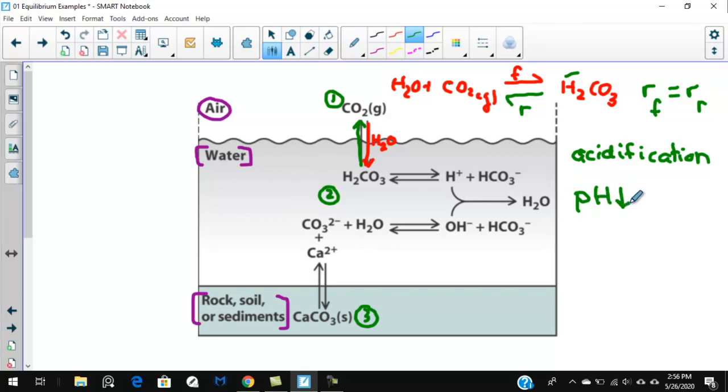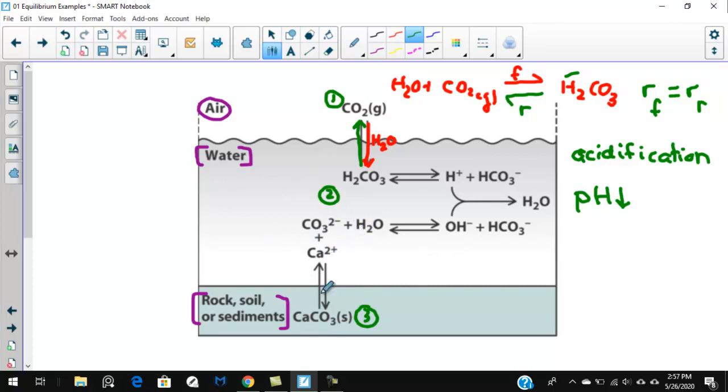It affects anything that grows a shell in the ocean, because the acid gets in the way of the carbonate ions, and shellfish use the carbonate ions and combine them with calcium, just like this reaction here, showing how limestone is made. Calcium and carbonate form limestone. When there's a pH drop, this reaction gets slowed down and inhibited.